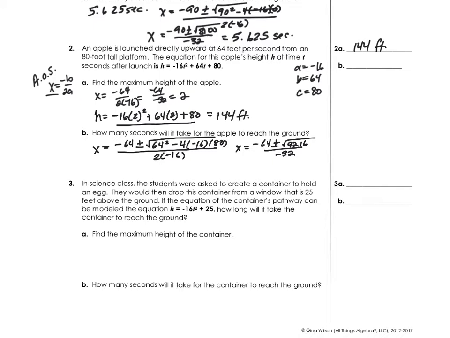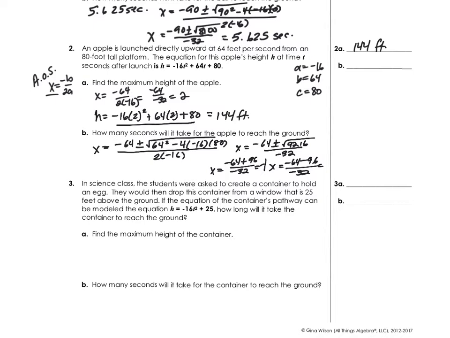So this is going to be 2 answers. X equals negative 64 plus 96 divided by negative 32, and x equals negative 64 minus 96 divided by negative 32. Okay, so the first one, negative 64 plus 96 divided by negative 32, is going to be negative 1.